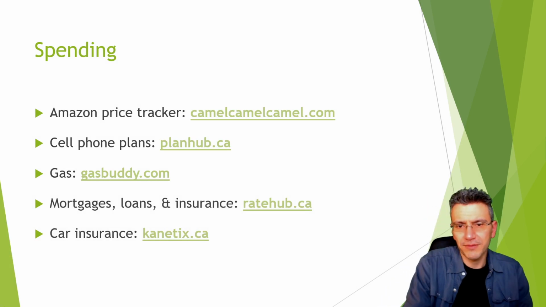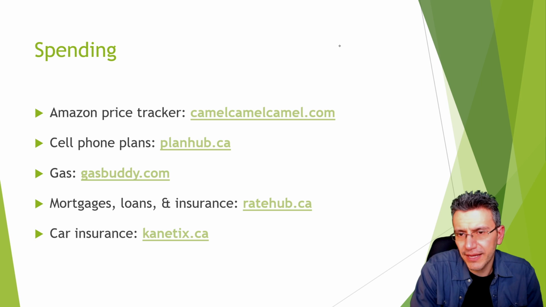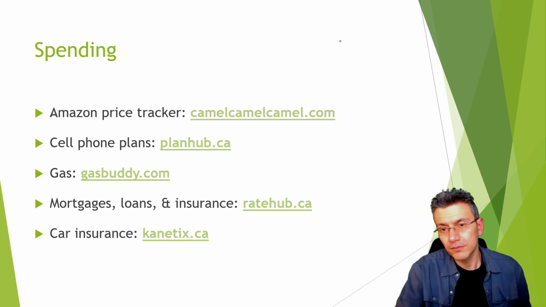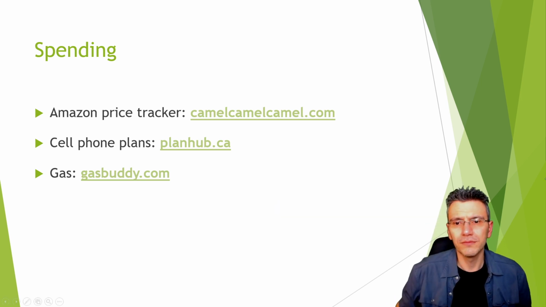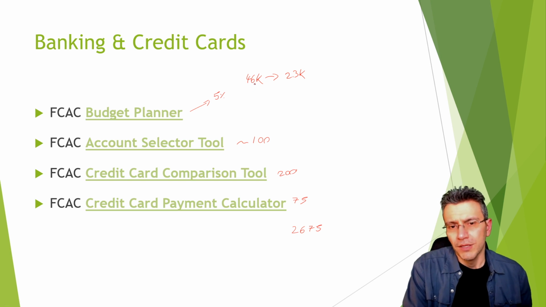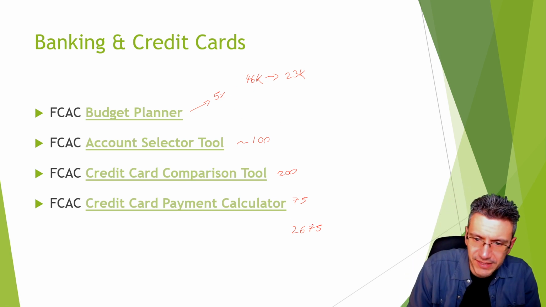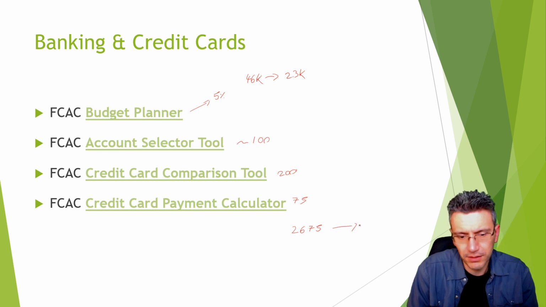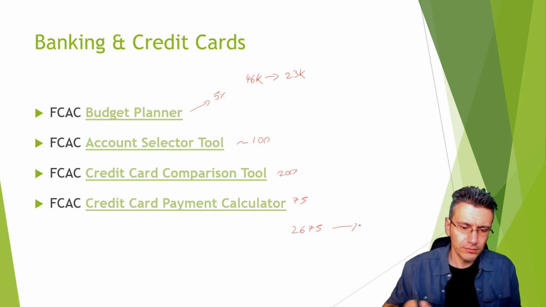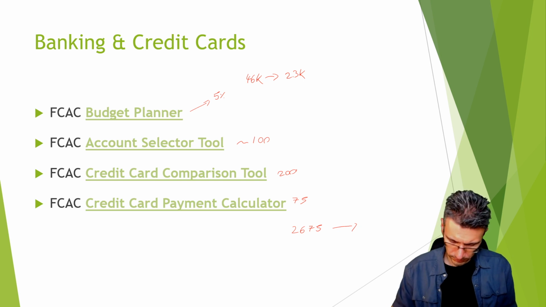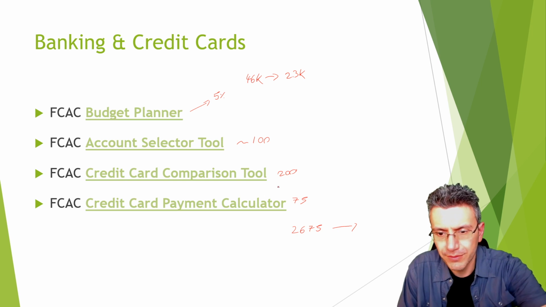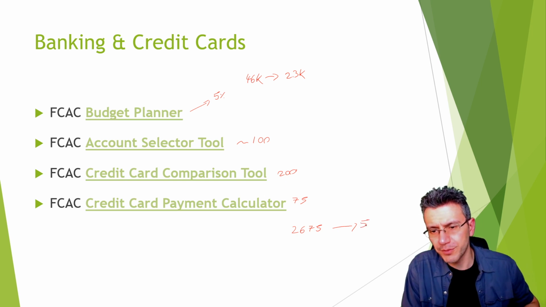So initially we had this $2,675, which was roughly $51 per week.